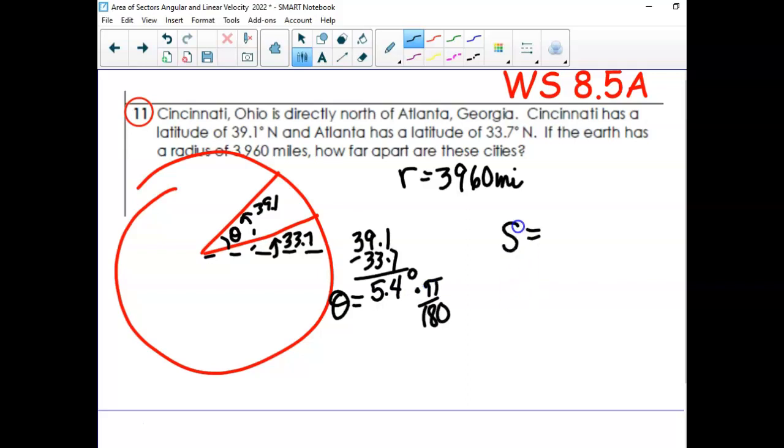So S equals R times theta would be 3960, and remember that was in miles, times theta, which is 5.4 pi over 180. Let's just go straight to the decimal for this, because it's our application problem.